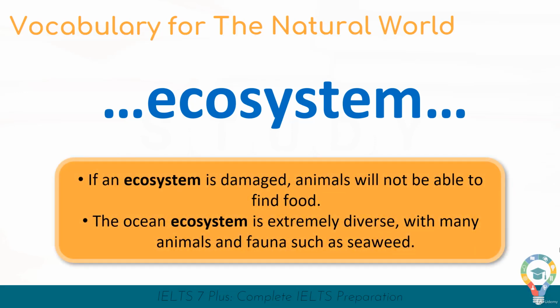If an ecosystem is damaged, animals will not be able to find food. So that means that if, for example, grass is lost from a field, an ecosystem, there'll be no cows, they can't eat any grass. The ocean ecosystem is extremely diverse, with many animals and fauna such as seaweed.